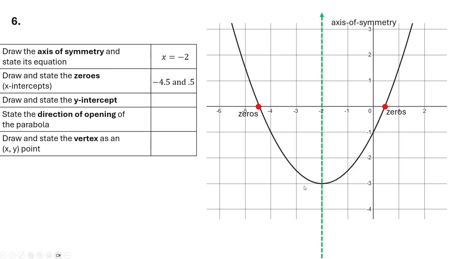Our y-intercept is right here at -1. The parabola opens upward, and the vertex is right here at the point -2, -3.